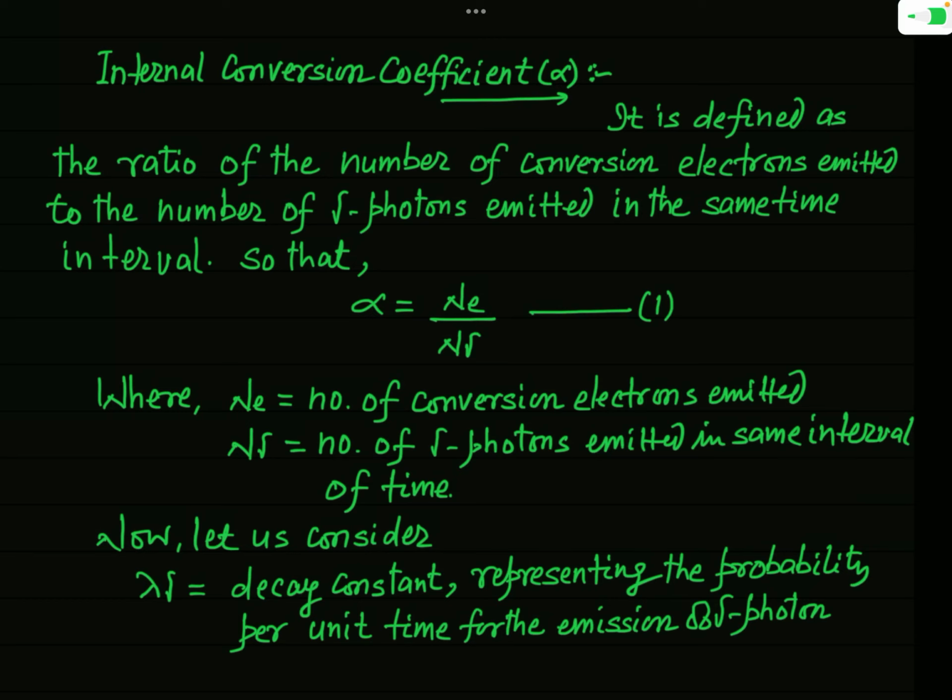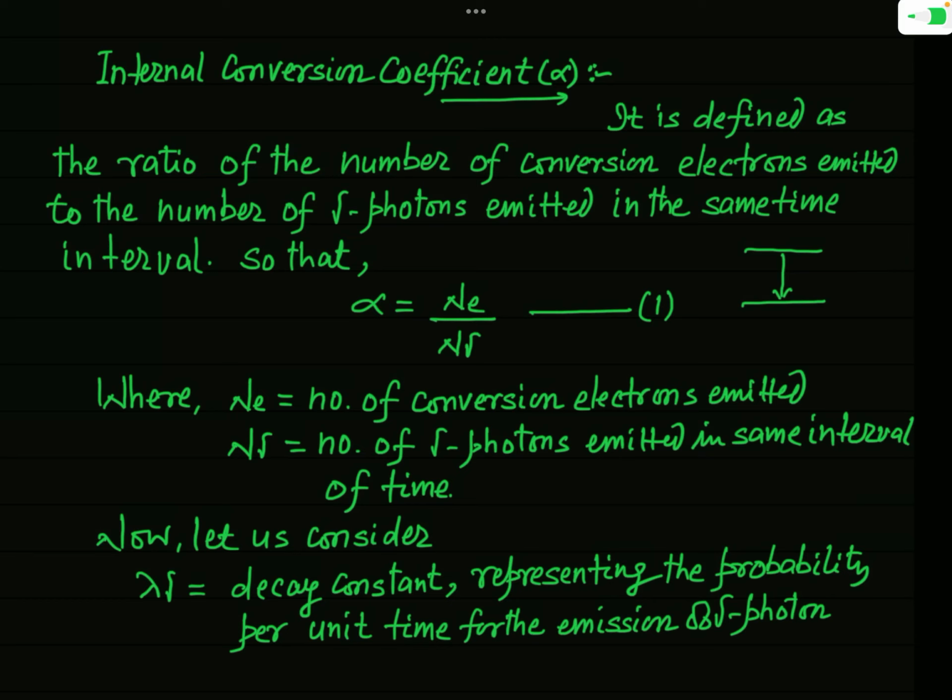Okay. In fact, you know that when the nucleus returns from an excited state to some lower energy state, internal conversion takes place. The emitted energy is actually absorbed by the atomic electron. But at the same time, gamma decay also takes place. Not only these two, but there are so many decay processes, like beta decay, which can take place in this condition. But here we will consider only two processes. The first one is internal conversion and the second one is gamma decay.